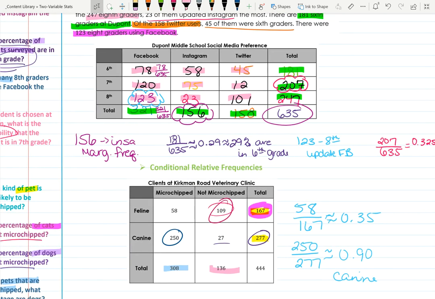If it is just relative to the whole, if it's out of everybody, out of the whole population that was surveyed, then you're going to be looking at either joint relative frequencies or marginal relative frequencies. Just depends. Again, is it joining two categories or is it just one of the totals out of everything?